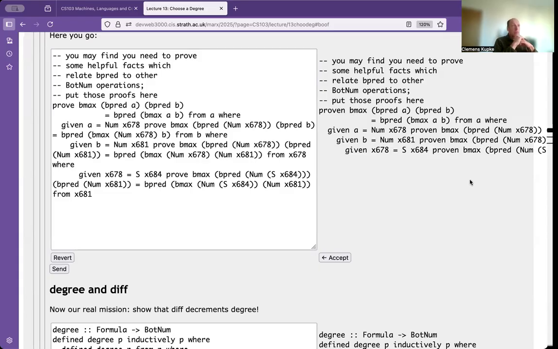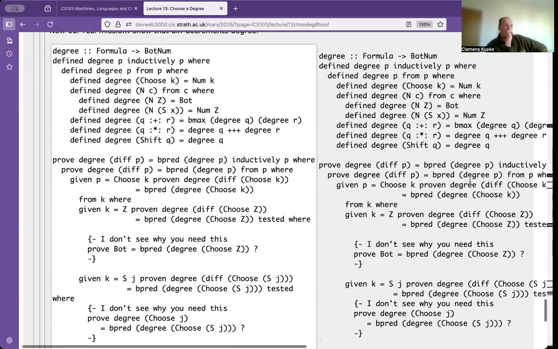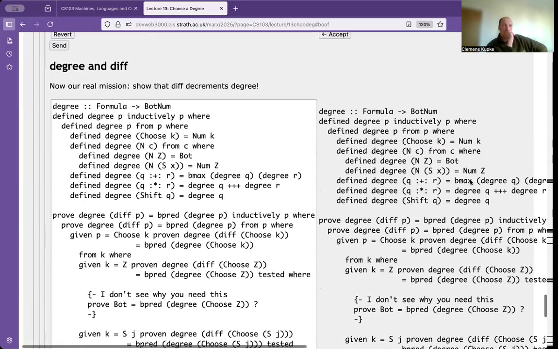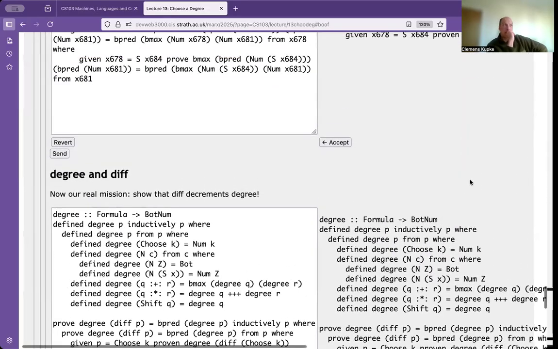That you again abstract and just beat to death, just splitting into the cases of minus infinity, 0, positive. Okay, so we've got our handle on degree. I will again finish off the cases that were the same as before.